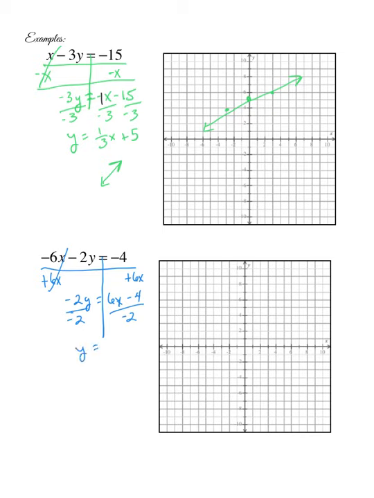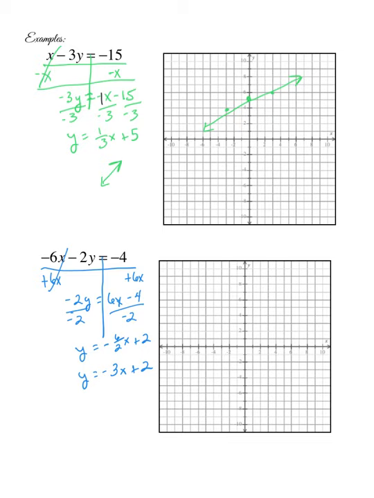Y equals negative 6/2 x plus 2. Well, negative 6/2, that's kind of messy. How about y equals negative 3x plus 2? Okay? So I had a positive 6x. I divided it by a negative 2, which made it negative.